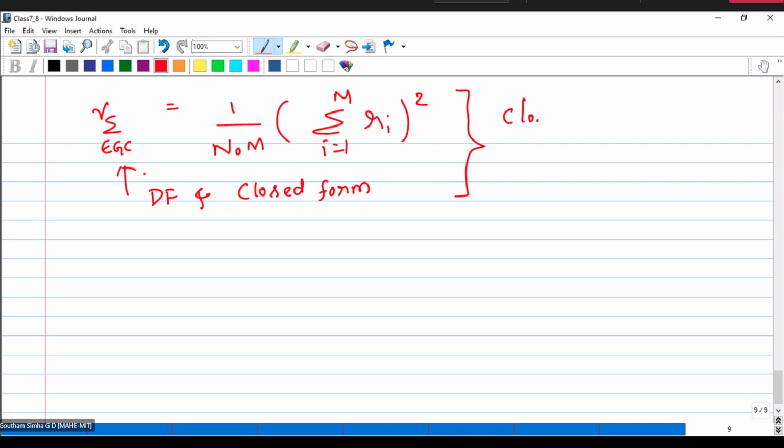If you don't have a closed form solution, then what are you waiting for? Then you are searching for the second best, that is the upper bound or the lower bound. We will concentrate on the upper bound, not on the lower bound.